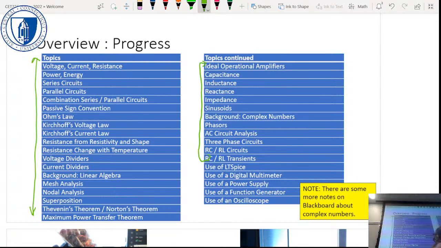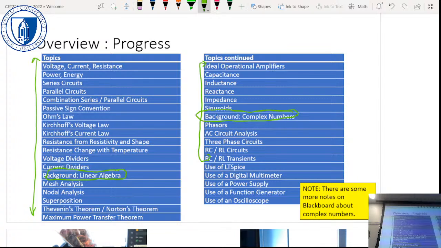There are 2 pieces of background information that we need to cover: linear algebra and complex numbers. Everybody okay with complex numbers? Anybody not okay with complex numbers? No? How about linear algebra? What are your matrices and vectors like?